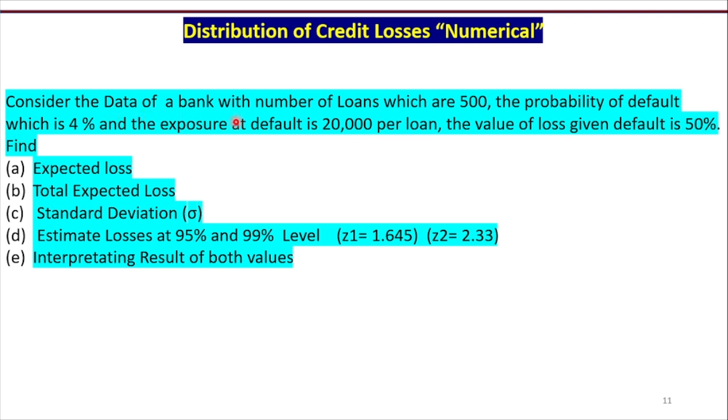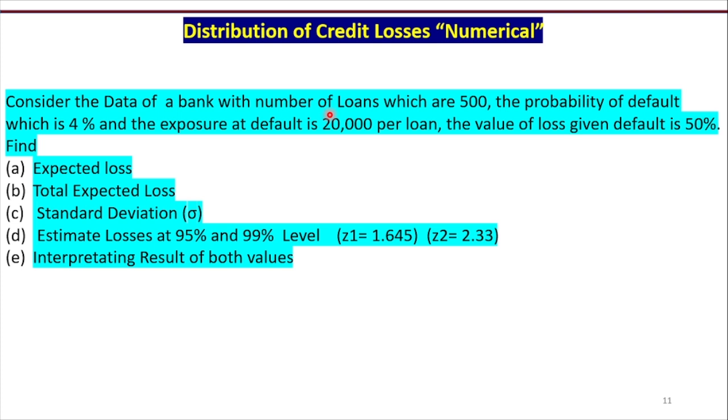Consider the data of a bank with the number of loans which are 500. Before doing the numerical, you have to read it at least 2 to 3 times, and try to understand and figure out what data is being given to you in the numerical.